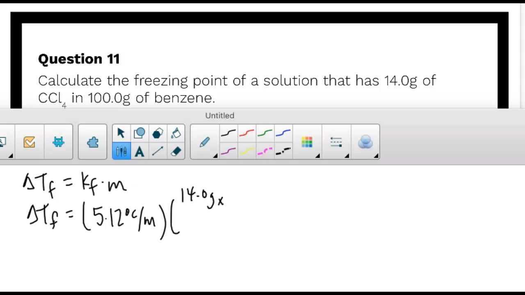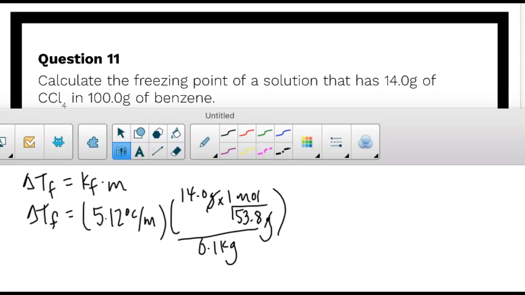And the molar mass of carbon tetrachloride, 1 carbon, 4 chlorines, is going to be 153.8 grams per mole. So that will give us moles, and if you divide that by the weight of the solvent in kilograms, you're going to get this, right?